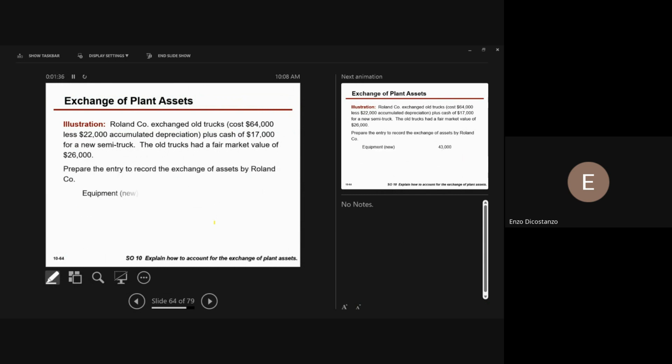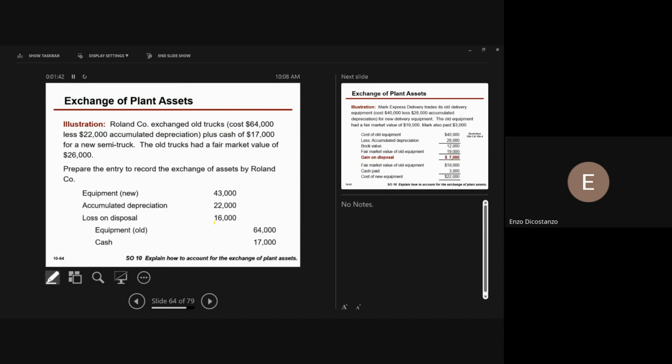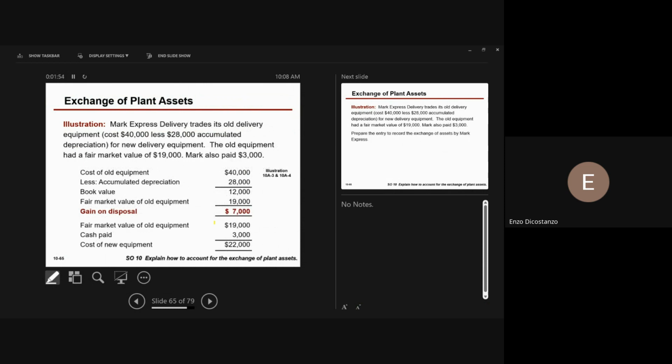And again, we'll work these out more in the Excel. You have various sides of this transaction: new equipment, accumulated depreciation, loss on the disposal. We'll work all of this out in Excel.